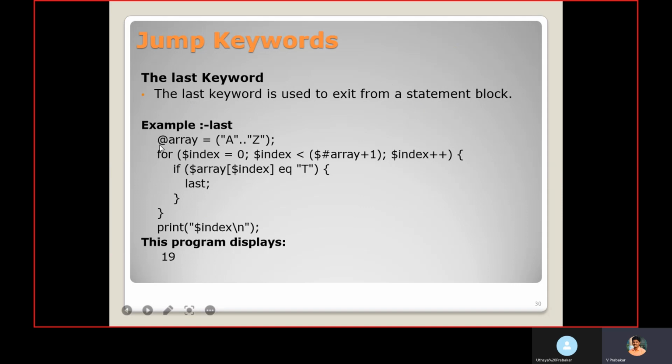Here in this example, the array contains the characters from A to Z. For the index value, the initial value is 0.